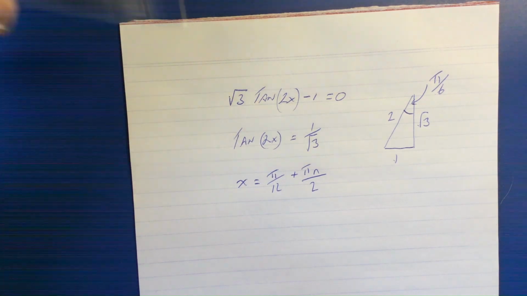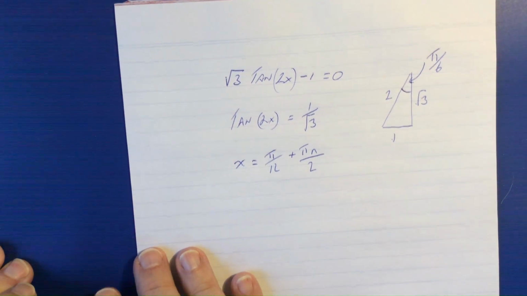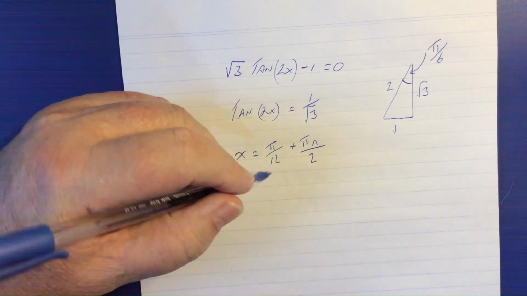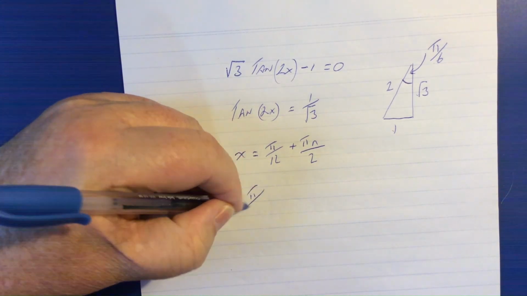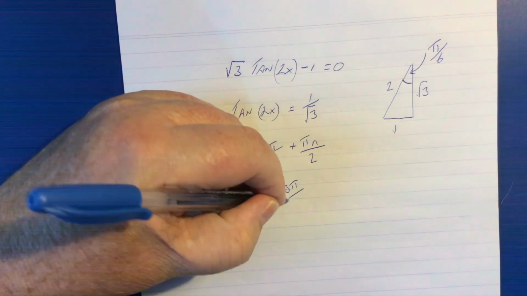There's our answer. Now, you might think that that is the end of it, but there's a problem. We were given this as a whole equation, and what had we got? We've got pi on 4 and 3 pi on 4.